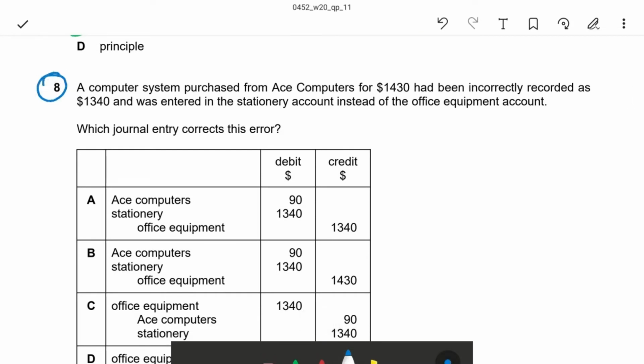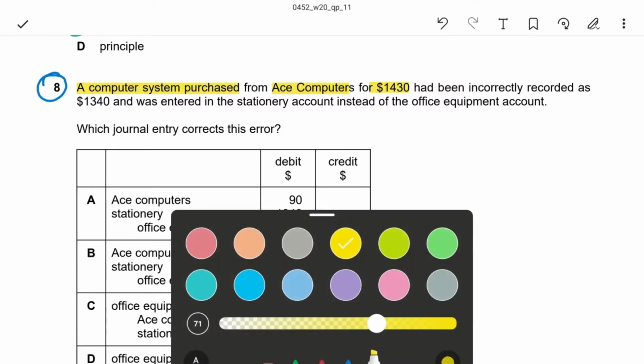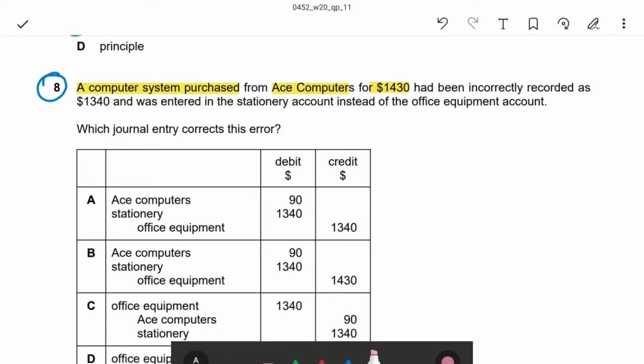Question number 8. A computer system purchased from Ace Computers, the correct amount is 1,430, had been incorrectly recorded as 1,340 and was entered in the stationery account.